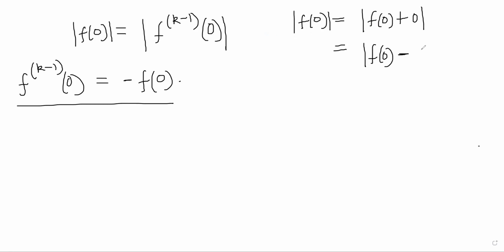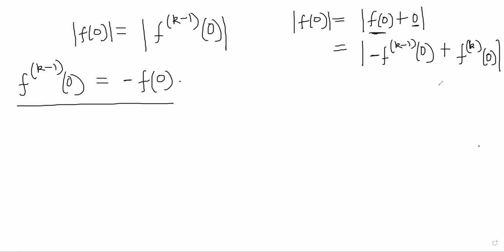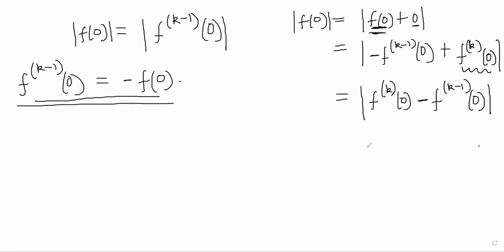We can write that f of 0 can be written as minus f of k minus 1 of 0, and 0 can be written as plus f of k of 0. According to the assumptions, we had said f of k of 0 is 0, and for f of 0 we are using this result here. f of 0 is negative of this, right? So this becomes mod of f of k of 0 minus f of k minus 1 of 0, right?